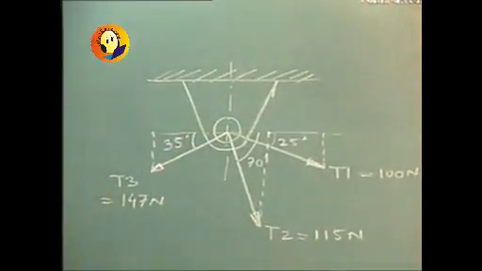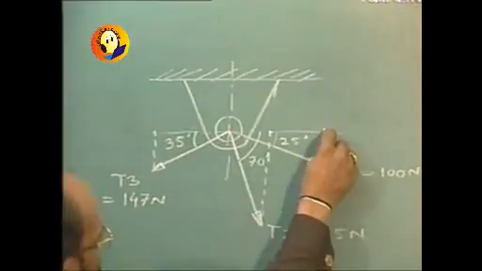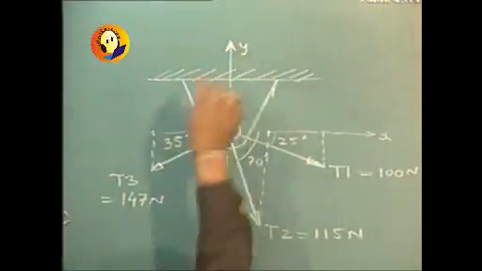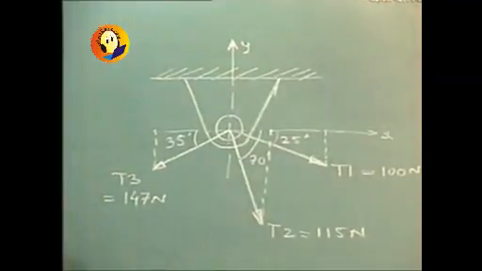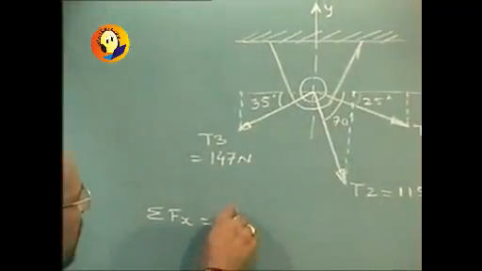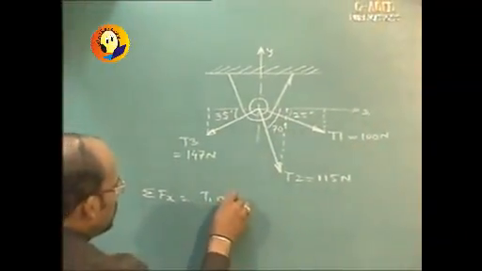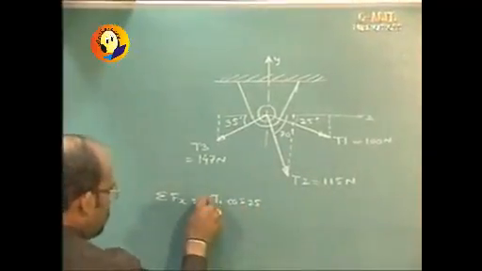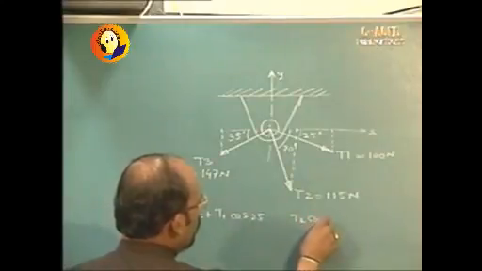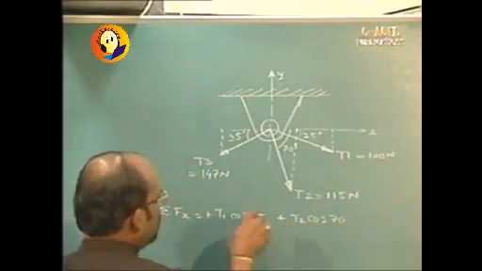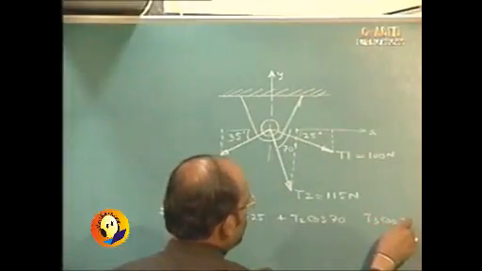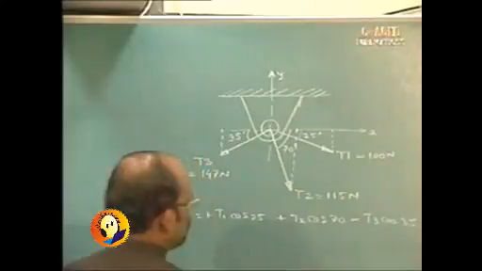And then we can determine, when we consider this as the positive direction of the x-axis and this as the positive direction of the y-axis, then the sum of horizontal forces is going to be T1 cos 25 towards right, so positive, T2 cos 70 towards right, so positive, and T3 cos 35 degrees towards left, so negative.